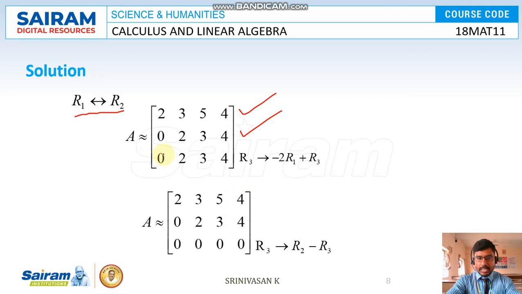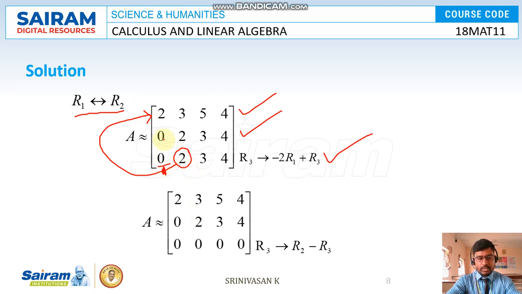To make this 0, R3 becomes R3 minus 2R1. So we get 0. Next we have to make this 0 by using the second row. Don't use the first row, because if you use the first row, you will get some values here. So avoid that; we have to make only this 0.